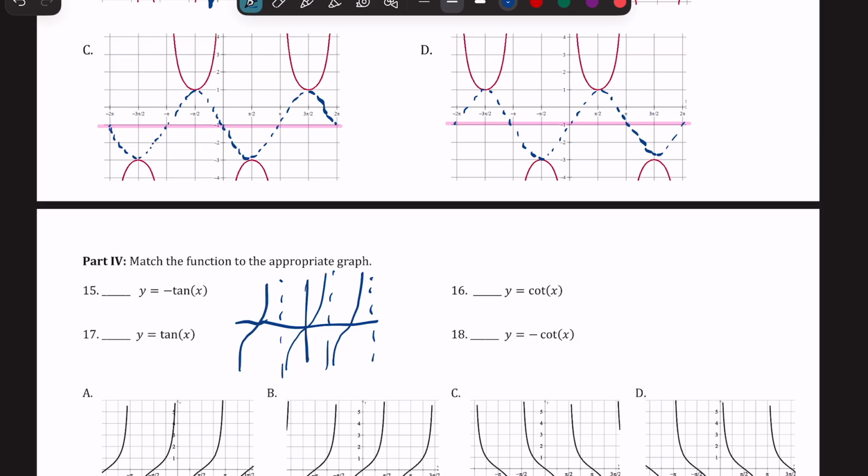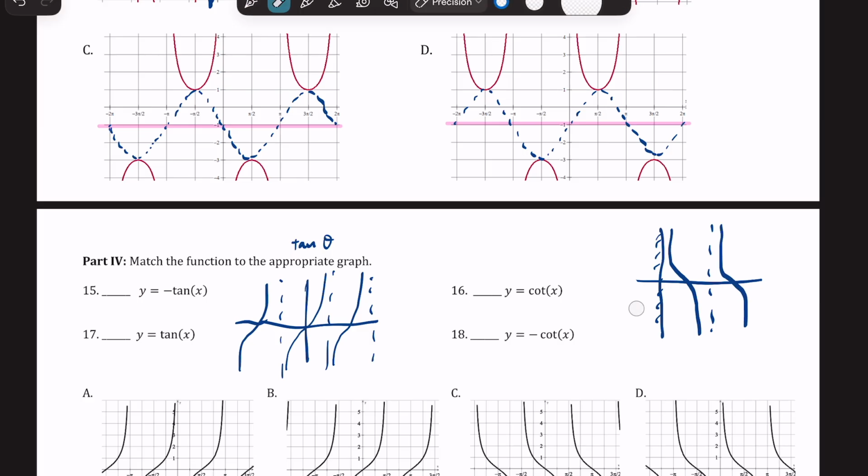So this is my tangent graph. Tangent theta. My cotangent graph, which if you were in my class at the end of the bell, I explained wrong. So cotangent actually does this, and it's 0 when sine is 0, or secant. And it is always decreasing, if we notice.